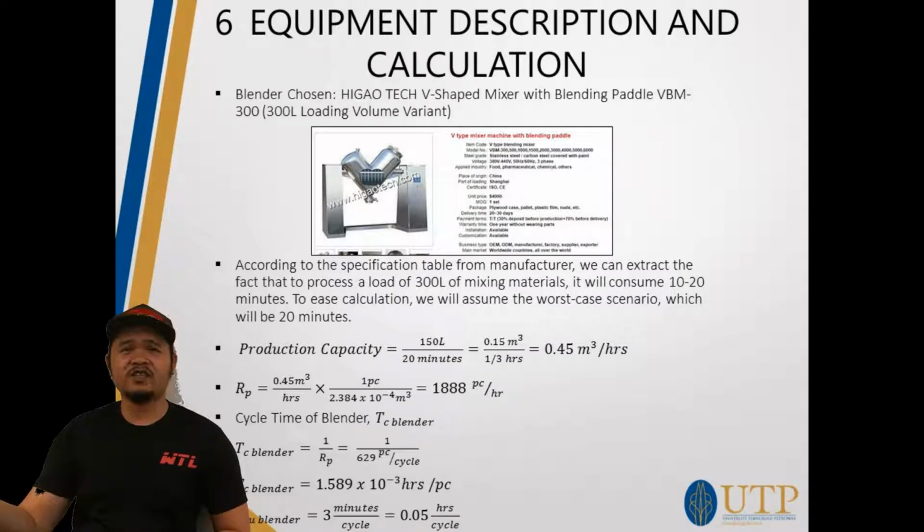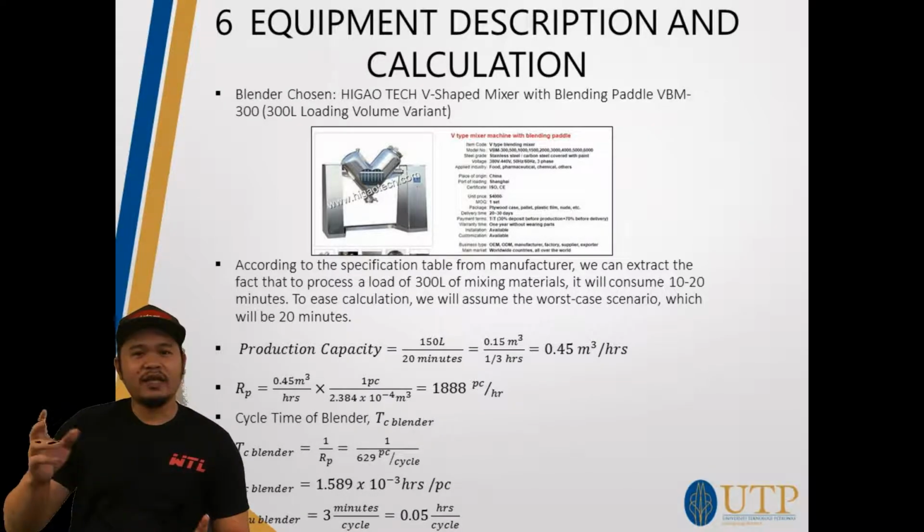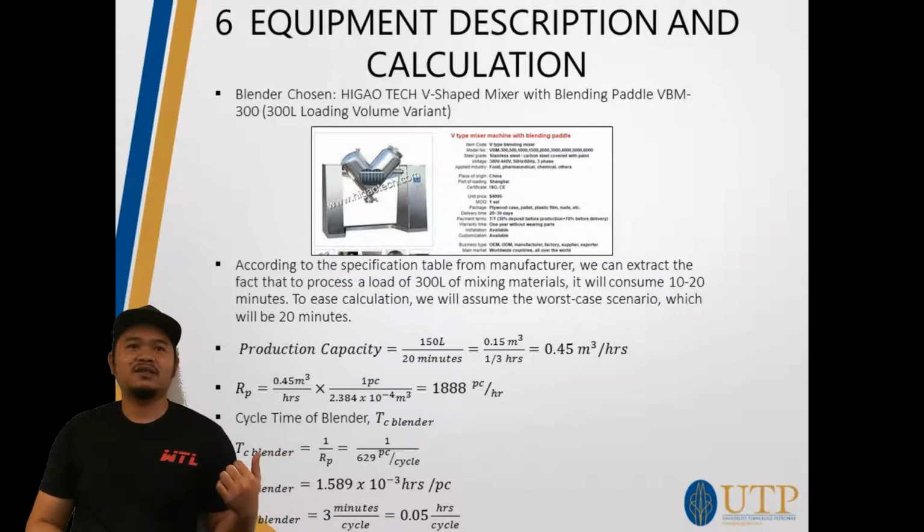Then using our flange volume, we can get the rate of production, which is 1188 pieces per hour. From there we can get the cycle time, which is 1.589 × 10^-3 hours per piece. Okay, that's all for the mixer.